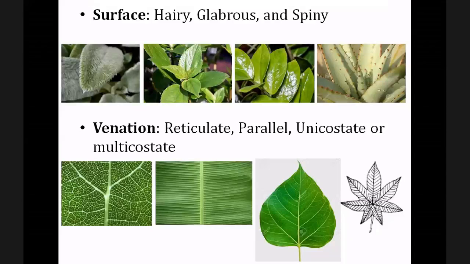But multicostate leaves have more than one prominent midrib. That venation we call multicostate.